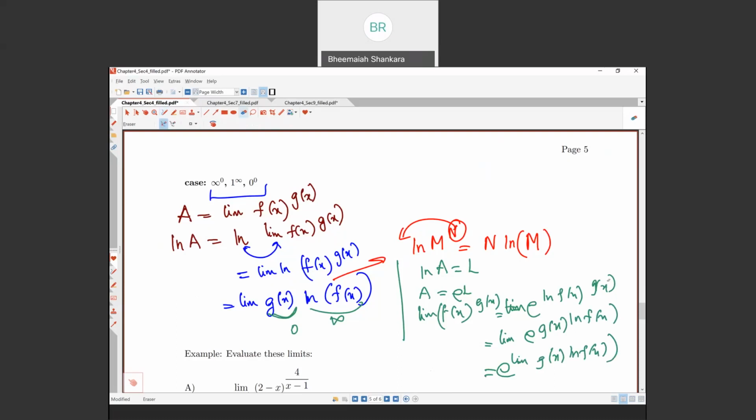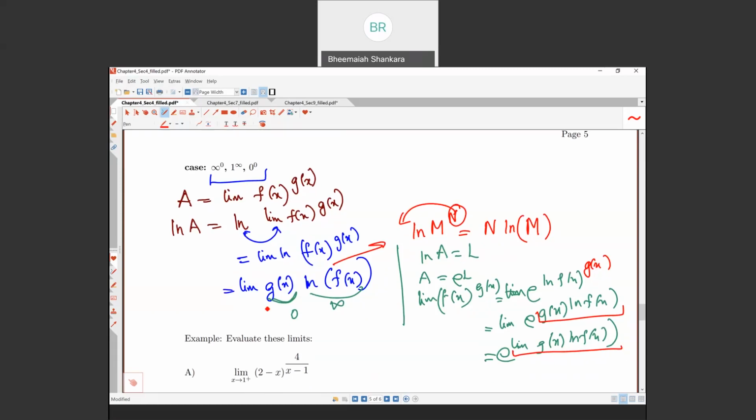Let me clearly write the exponent is g here, so let me use a different color to specify the exponent. Again, all these are the exponent, all these are the exponent. So you started with a small exponent, which is g of x, and then using the properties of natural log function and the natural exponential function, you raise the entire exponent to a new limit function.